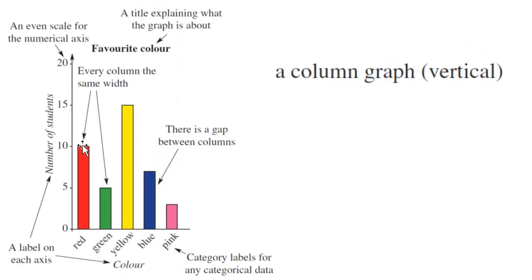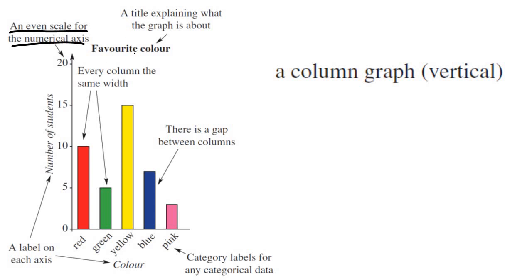So the column here has a height of 10. Now there are many things to observe in this graph. Let us consider them one by one. First is an even scale for the numerical axis. This is important.